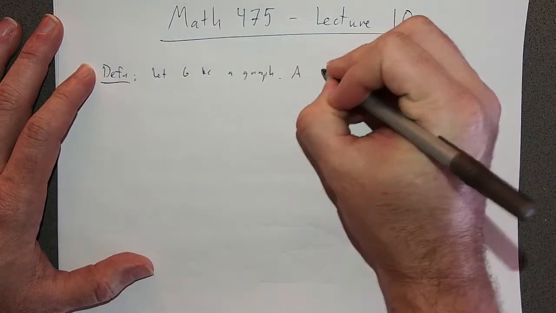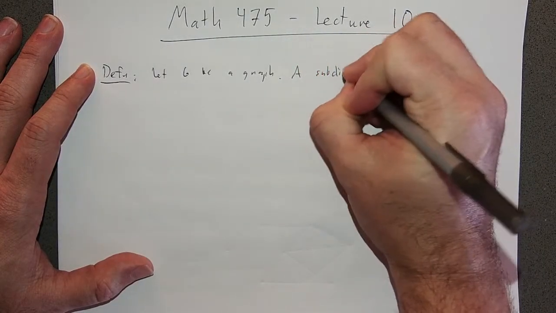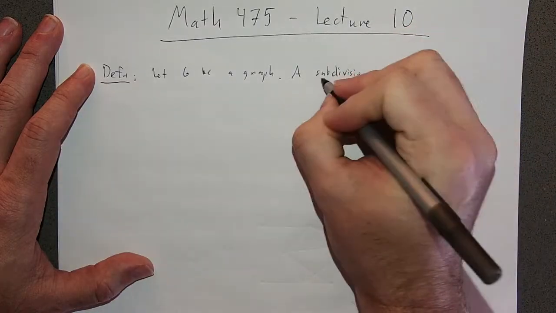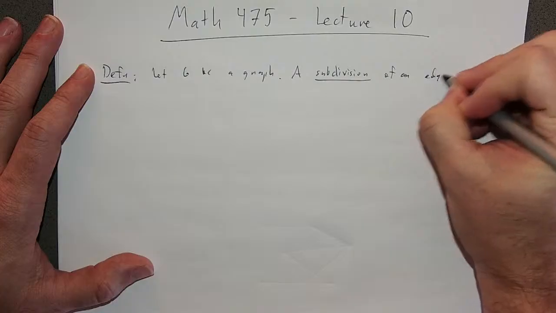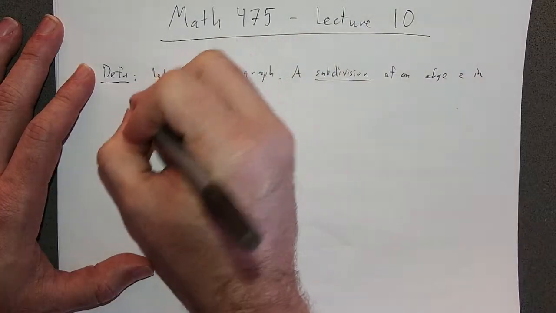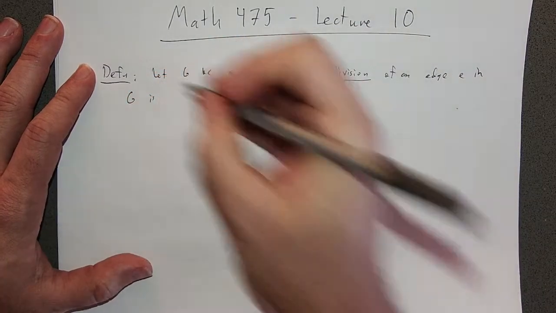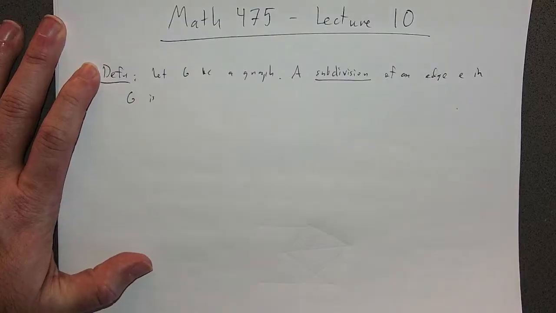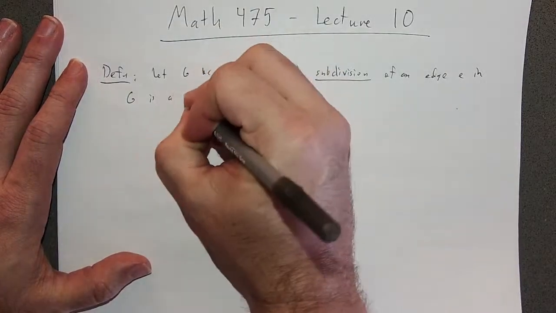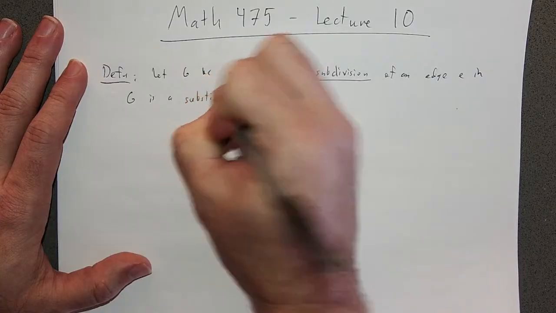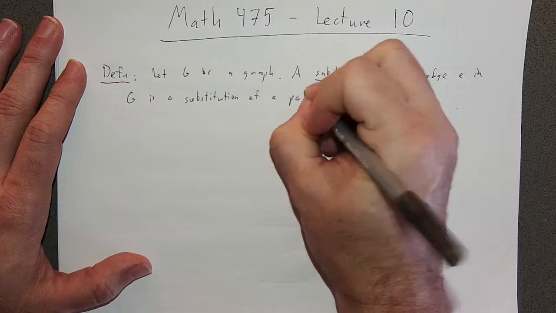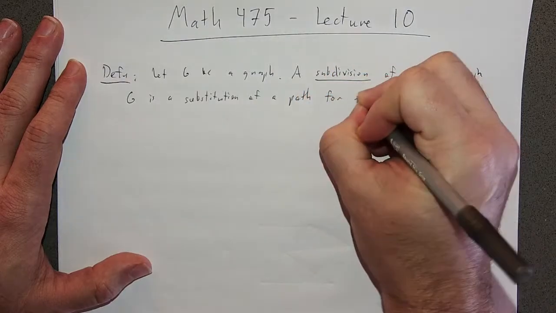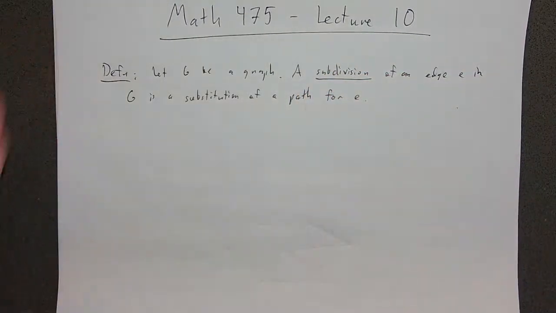A subdivision of an edge E in G is a substitution of a path for E.